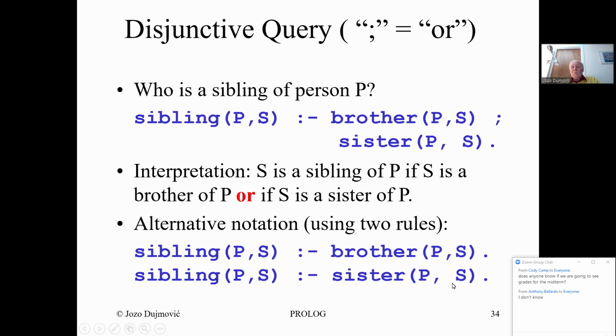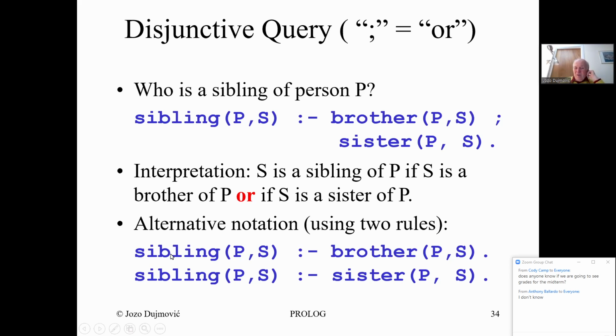Okay. So these are rules like the one that you have to do in your homework. Homework has this family, and you can have brothers, sisters, and there are siblings that you have to define, etc. So who is the sibling of person P? You can say sibling is brother or sibling is sister.